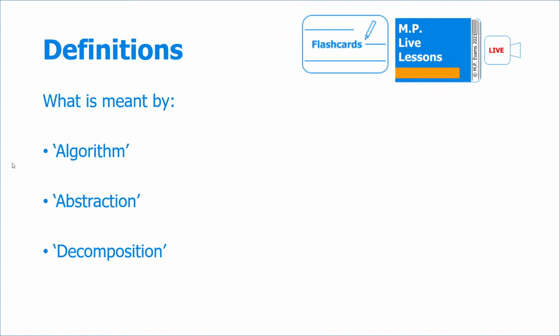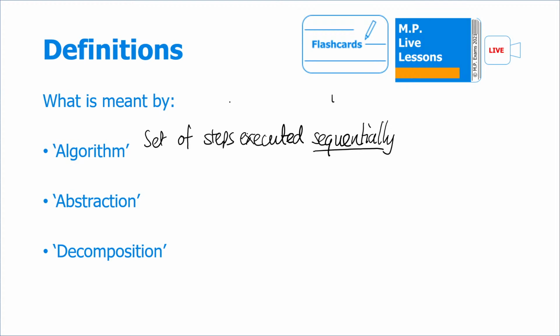First, the word algorithm means a set of steps executed or followed in a specific order or sequential order to achieve something. We can see these purposes in a few moments where we'll use a few examples of some algorithms.